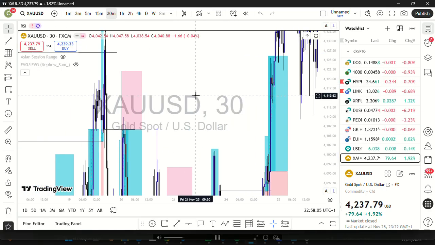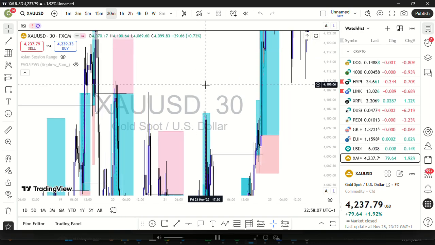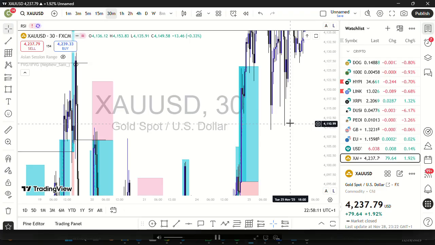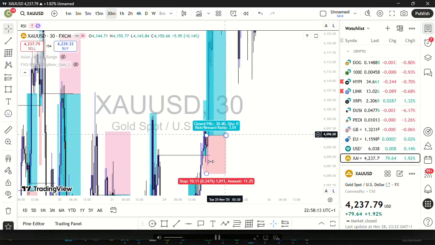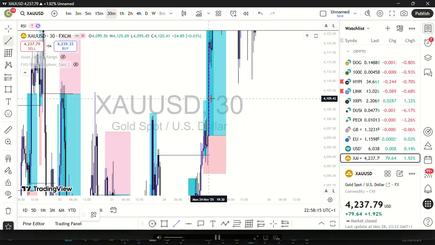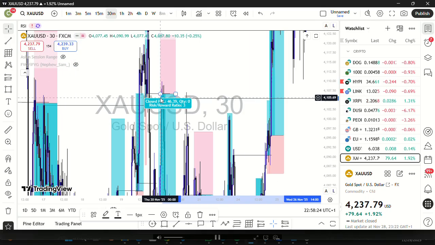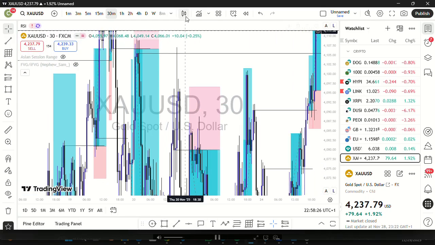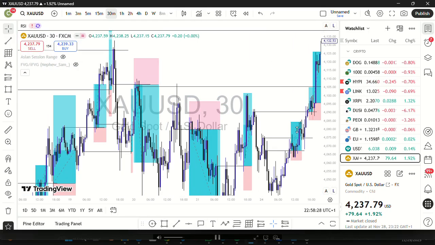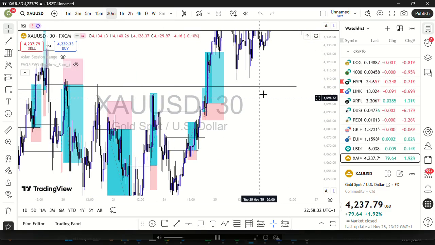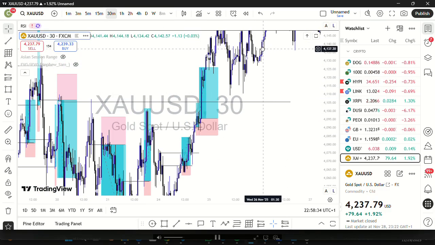Now back to what I was saying. I was anticipating a trade the following day, that's Tuesday, but sadly price never got to this entry and hasn't gotten there till today. I was expecting this entry here for this trade, this resistance to become support, but sadly price missed it and kept going up.